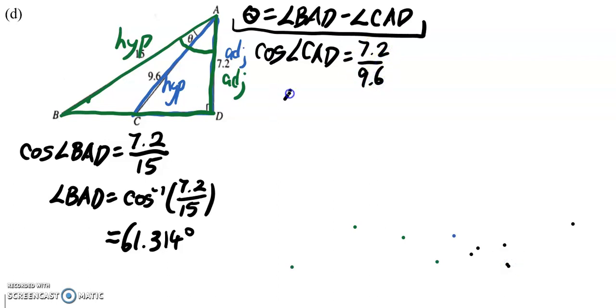So this means angle CAD is equivalent to arc cosine of 7.2 divided by 9.6.